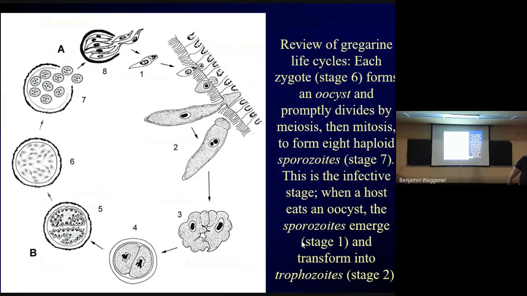So stages 4 through 8 have pretty close counterparts in the coccidian lifestyle. The big difference is that stage 2 there, the trophozoite, can penetrate completely into an intestinal cell, and it can divide asexually in there.